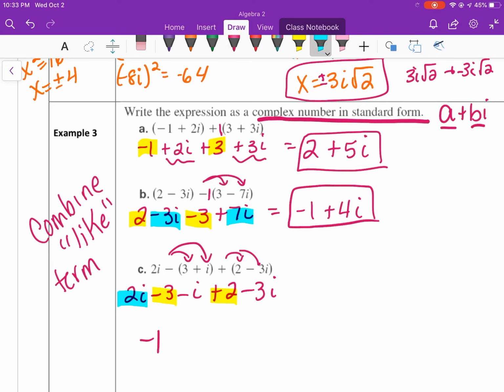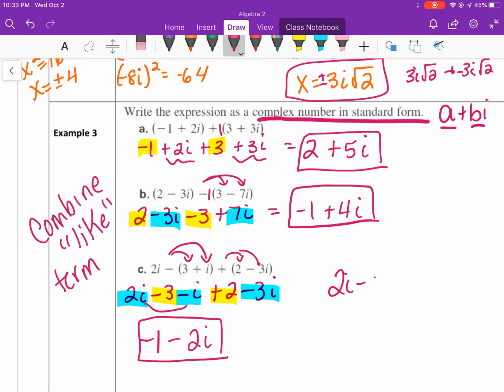And then we have 2i minus i plus negative 3i. So just add from left to right. So 2i minus i is just an i, and then i minus 3i is negative 2i. This is what I got there.